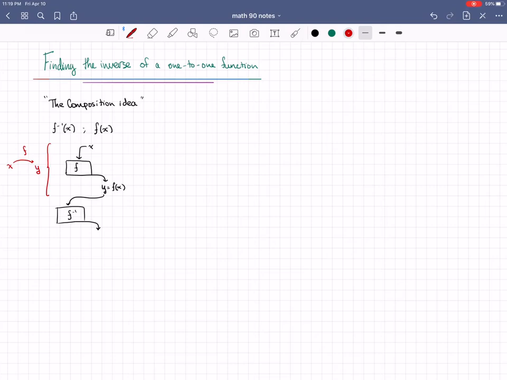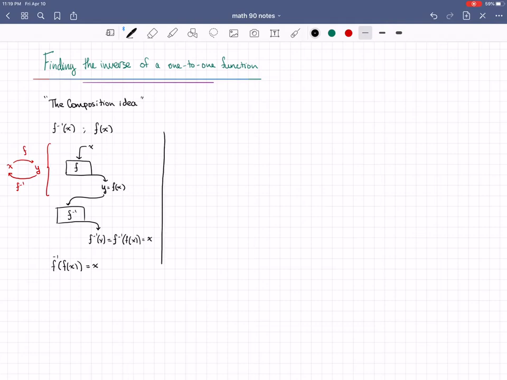So what we're going to see here is that in fact, f inverse of y, which is the same thing as f inverse of f of x, is just x again. So what we're seeing in this second stage of the composition process is that f inverse sends y back to x. Okay, so this picture shows us that f inverse composed with f is equal to x.